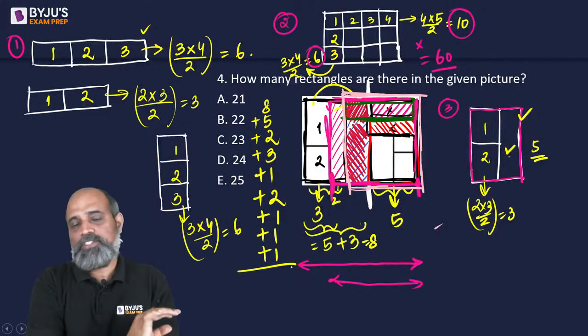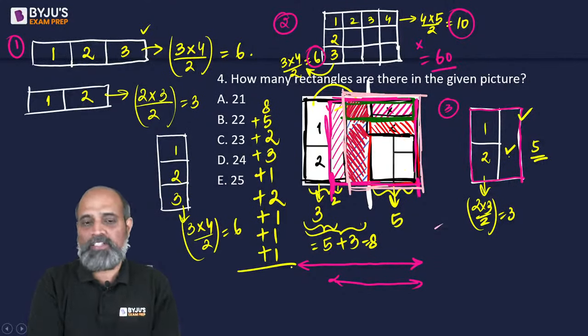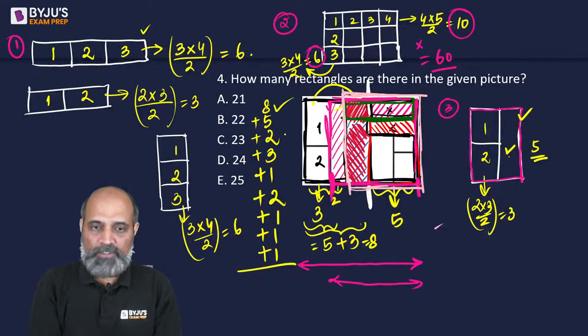All the large sized vertical rectangles and the horizontal ones we have calculated. So we have 8 plus 2, 10, 5 plus 3, 8, 9, 10, plus 4, 24.